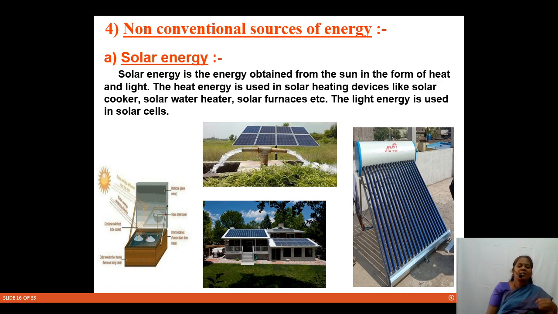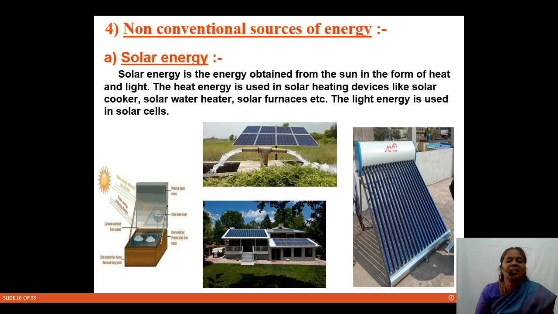Now we are going to discuss the non-conventional sources of energy. It is one of the very important sources of energy which is required for us now. Once the fossil fuels like coal, petroleum as well as natural gas are going to be exhausted, we should depend only on non-conventional or renewable sources of energy.